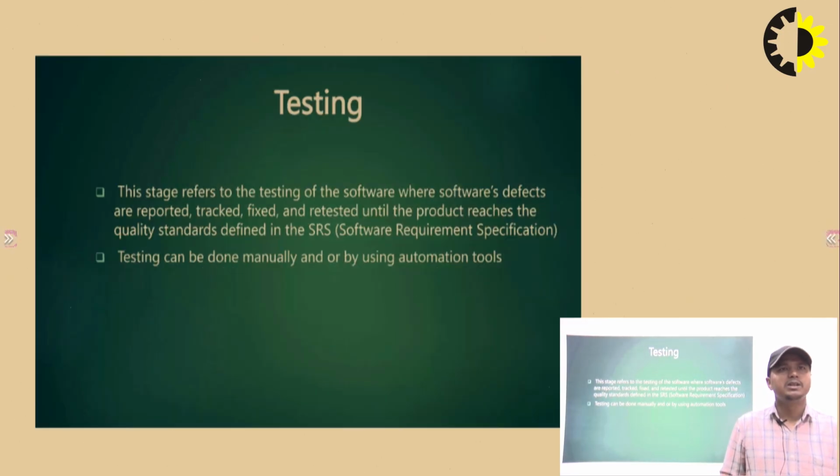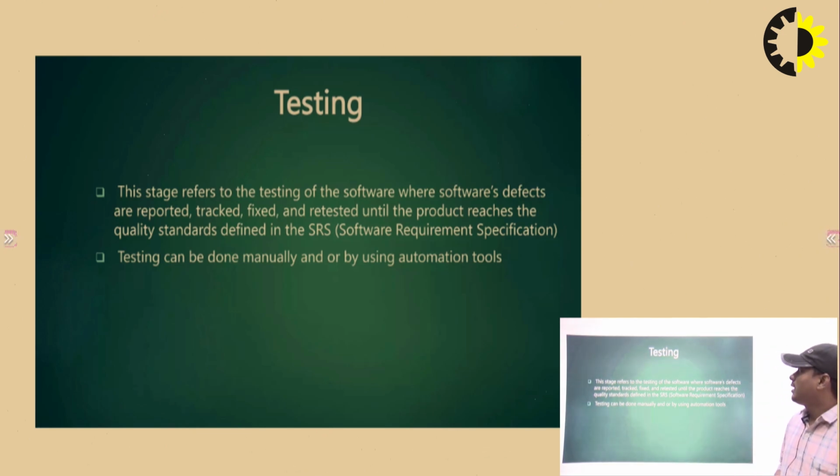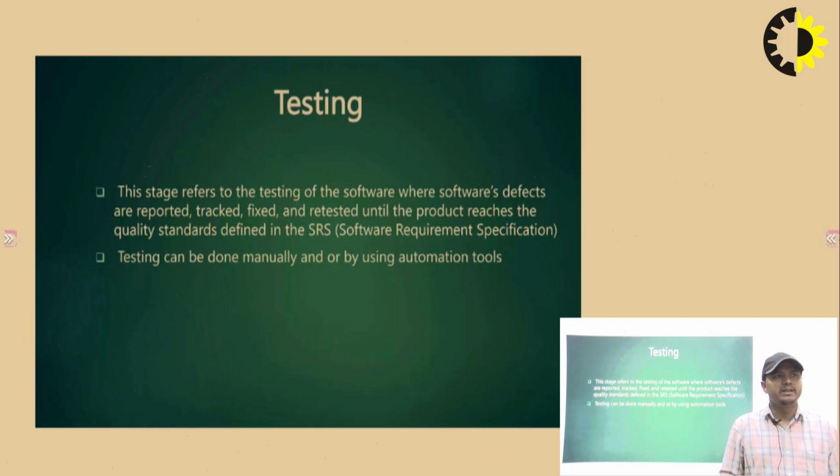And in the testing phase, this stage refers to the testing of the software, where defects are reported, and different stages can be tracked, and the bugs are fixed and retested until the product reaches the quality standards that are defined in the SRS document.